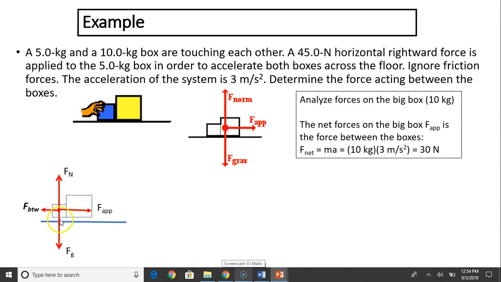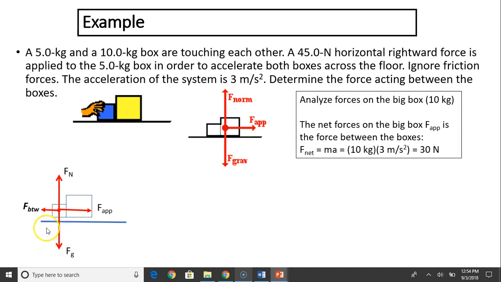Another way is to analyze the force on the smaller box. It's fine, except it's a little bit complicated because you have both forces in the horizontal direction. On the smaller box, you'll have an applied force. This applied force is from your hand, that's 45 newtons. And this force to the left and this applied force are action-reaction forces.